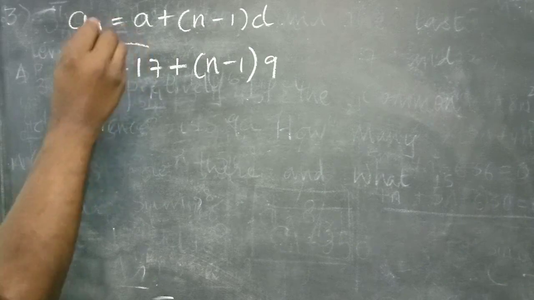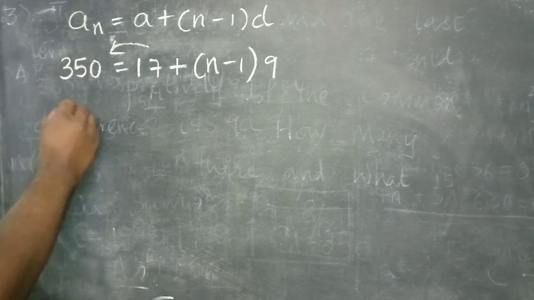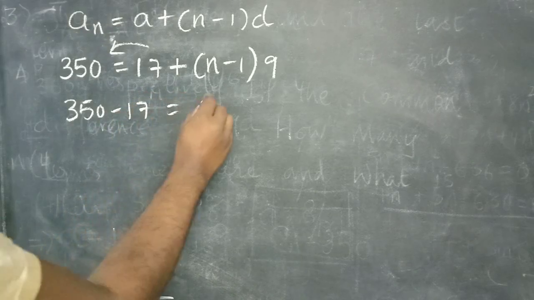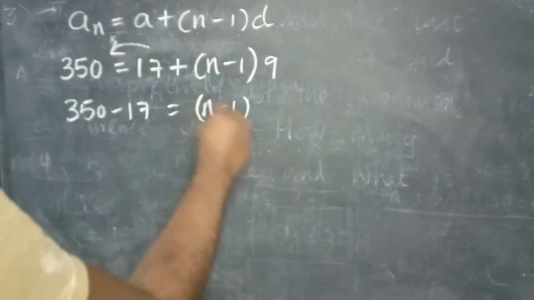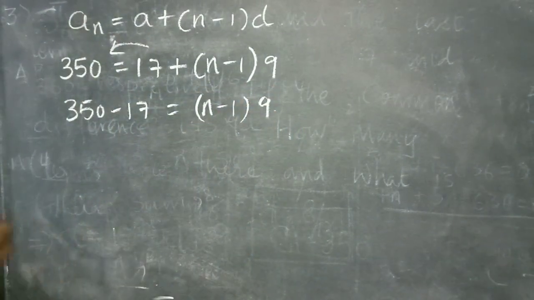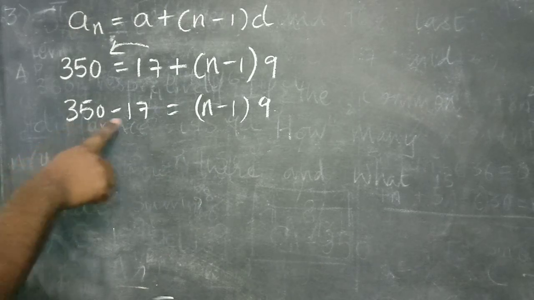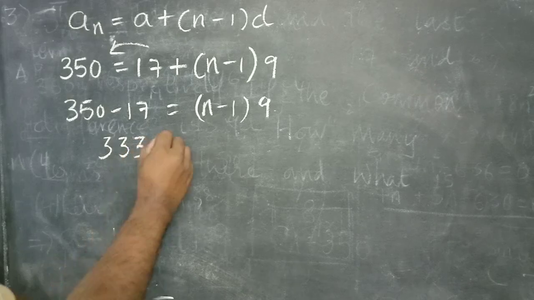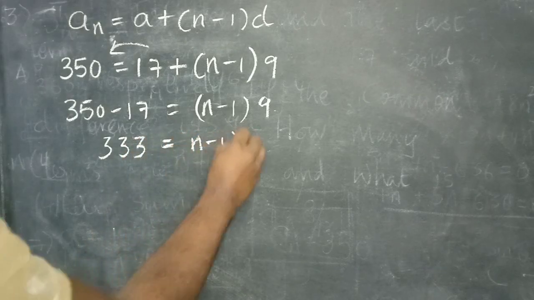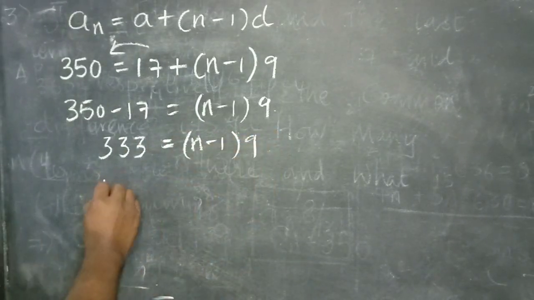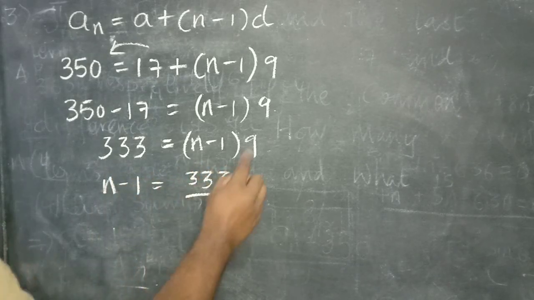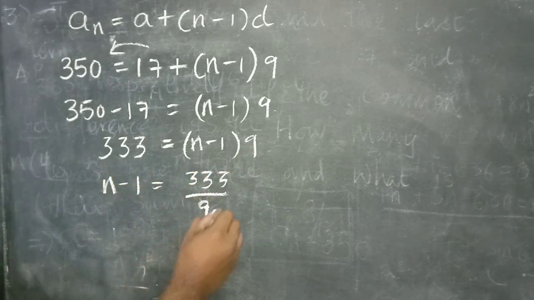Now shift plus 17 to LHS, it becomes 350 minus 17, which is equal to n minus 1 times 9. What is 350 minus 17? We get 333, which is equal to n minus 1 times 9. Now we get n minus 1 equals 333 divided by 9.